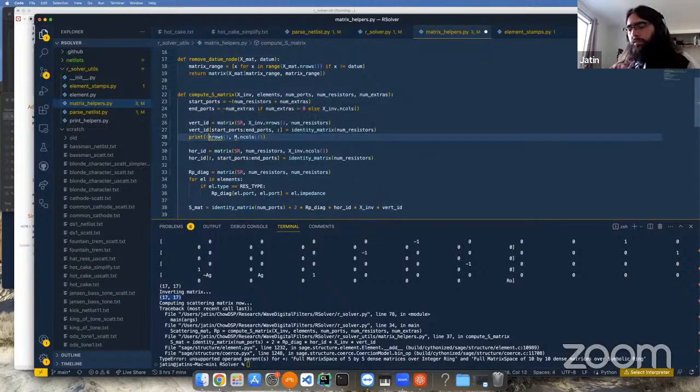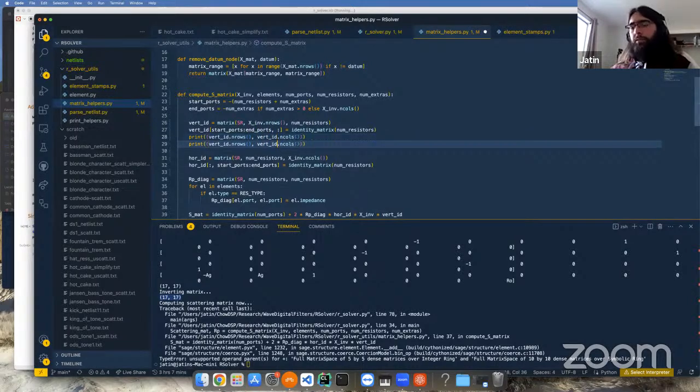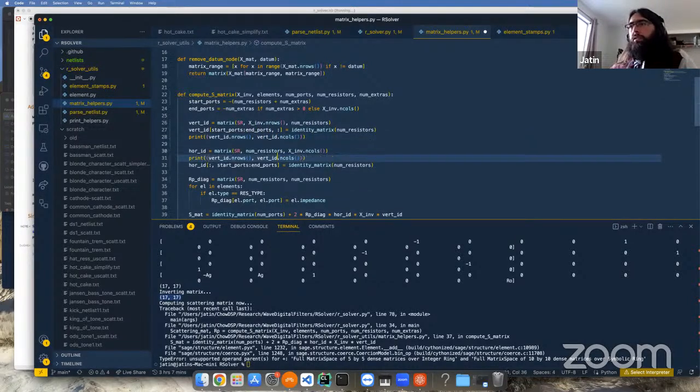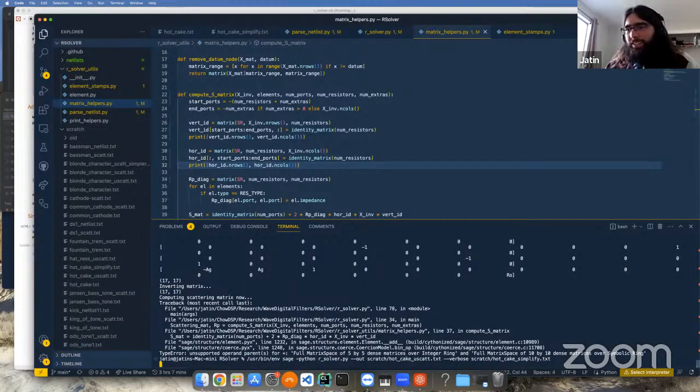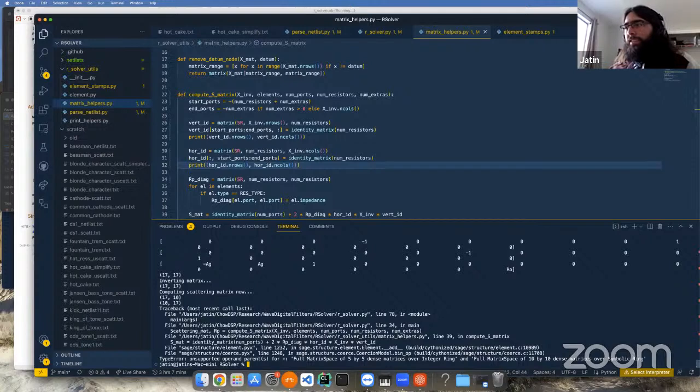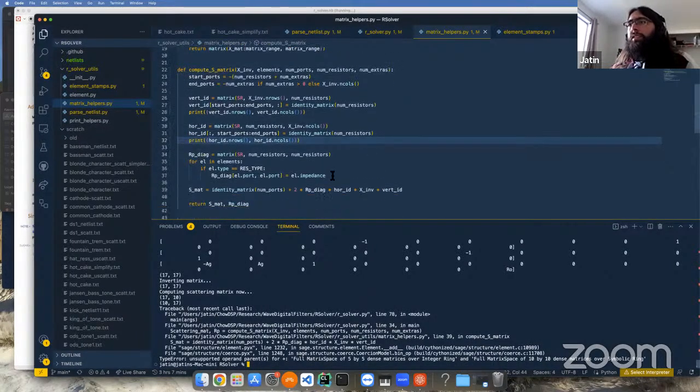The vertical identity matrix should be 10 by 17, if I'm remembering right. And then for the horizontal identity matrix, I don't remember. Let's see what we get. So 10 by 17 and 10 by 17.